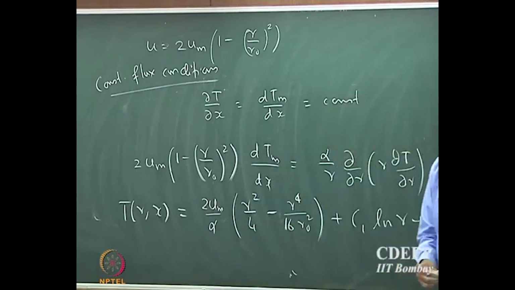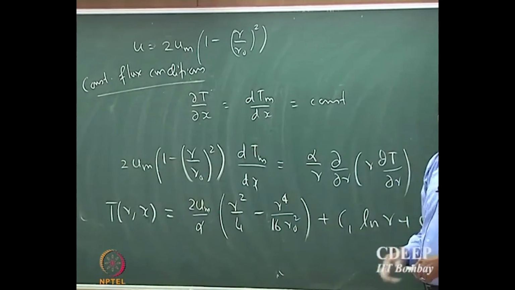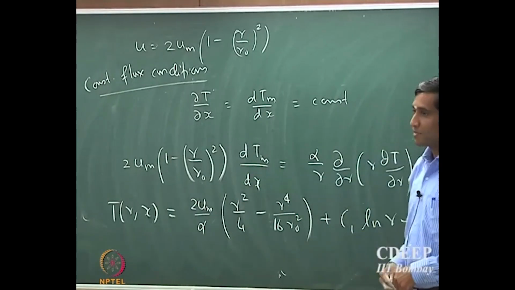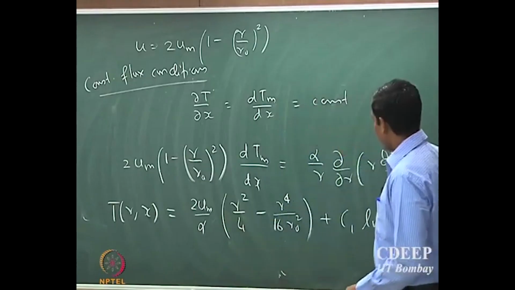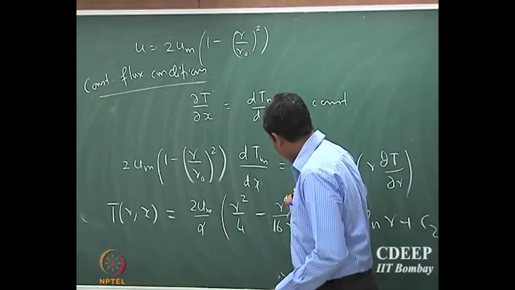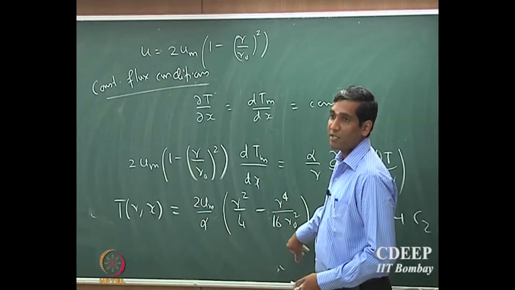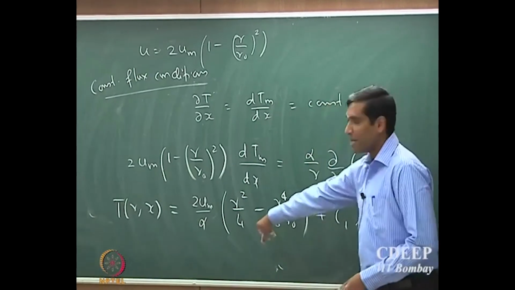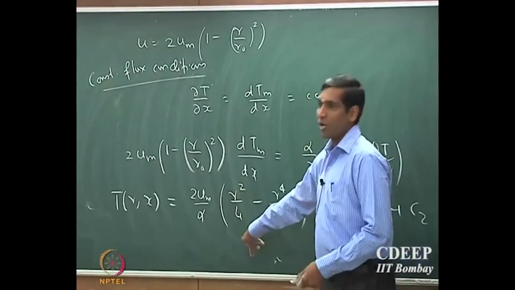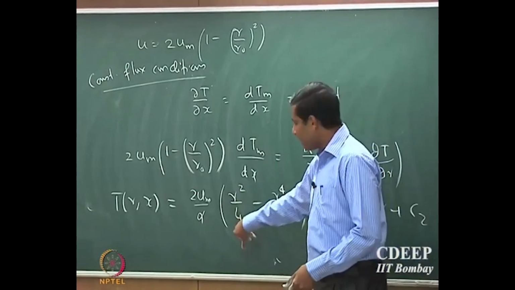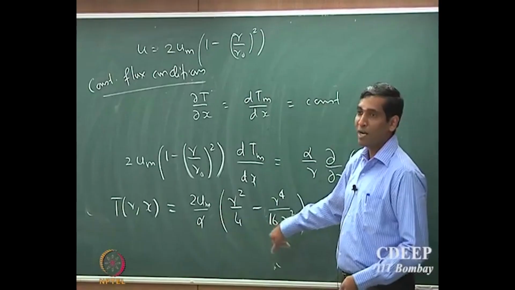All I have done is integrate the expression with respect to r twice. You take r on this side, that gives you r square by 2 and r to the power of 4 by 64, then you divide by r again and integrate again. So every integral in the first term gives a 1 by 2, and every integral in the second gives a 1 by 4.